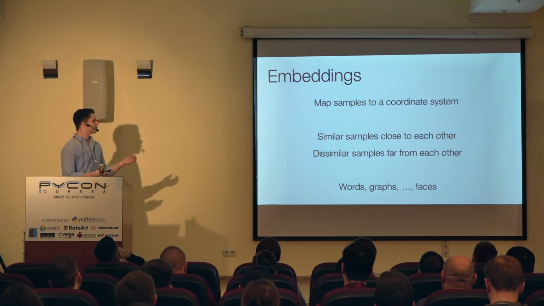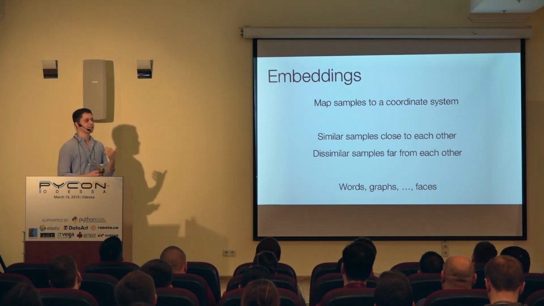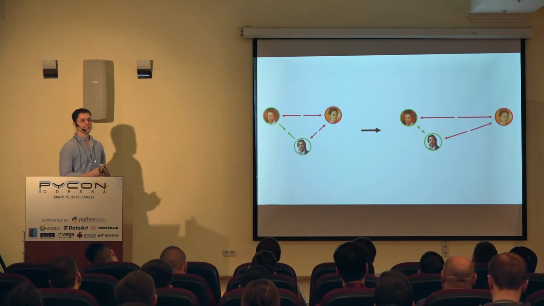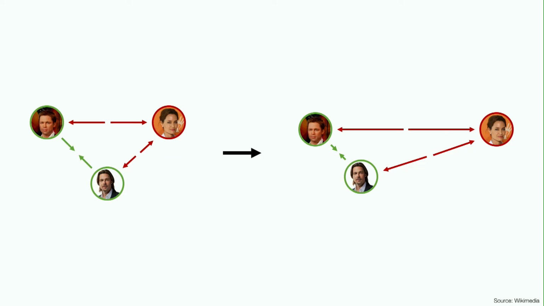And you can do this for graphs, words, sentences, and also for faces. So the idea here, for example, if you have faces from the same person, in this embedding space, they should be close to each other in the vectors, and different people should be far from each other.